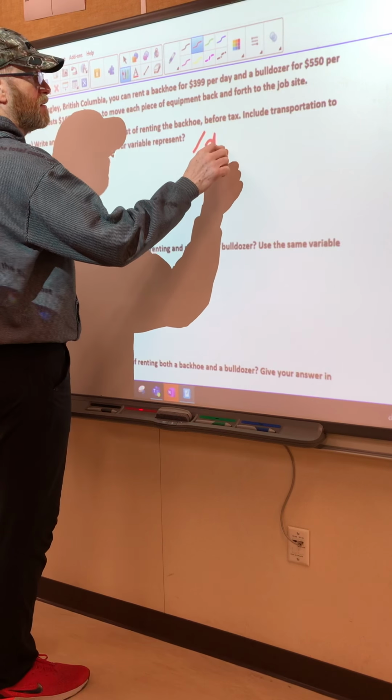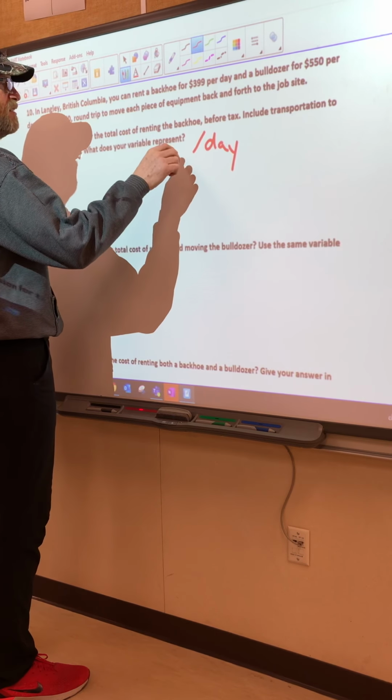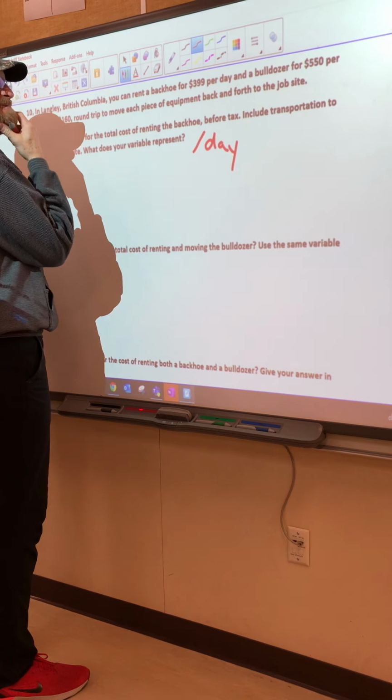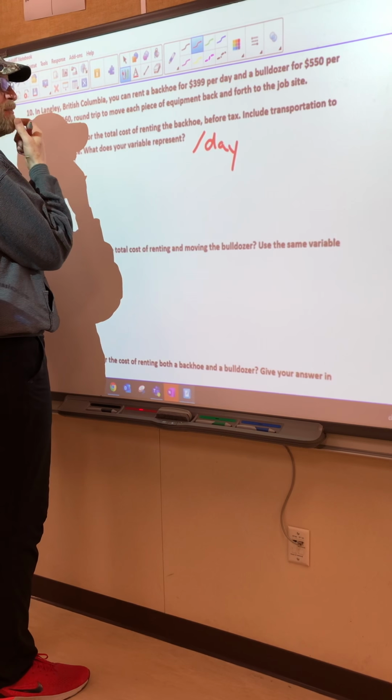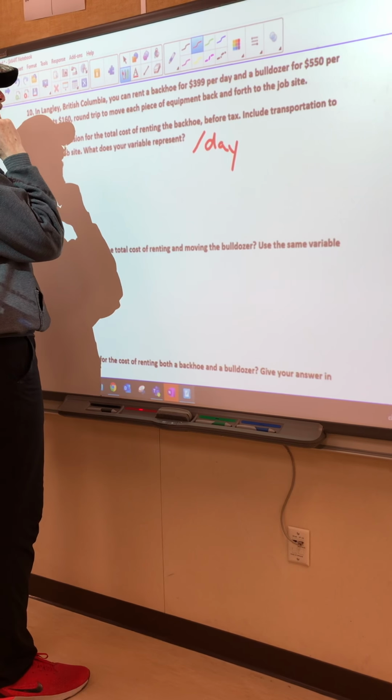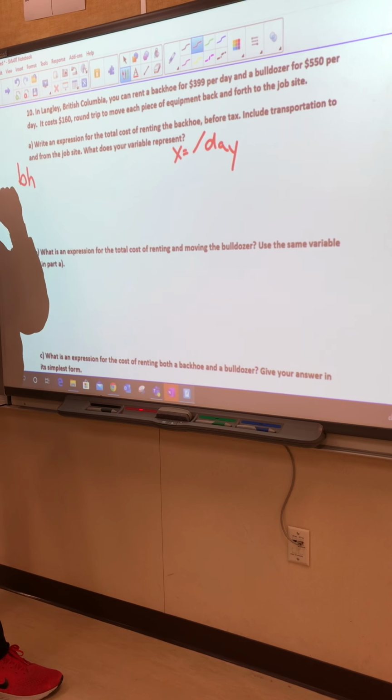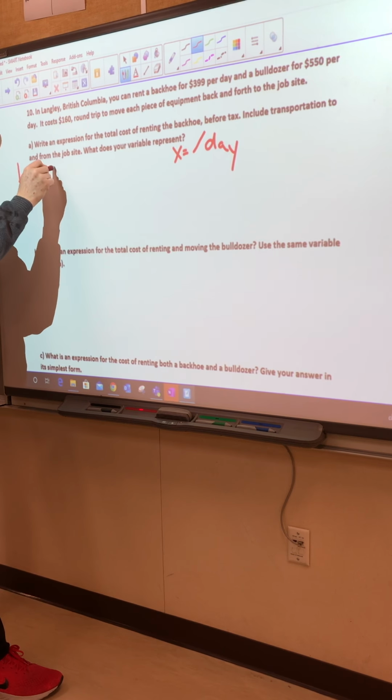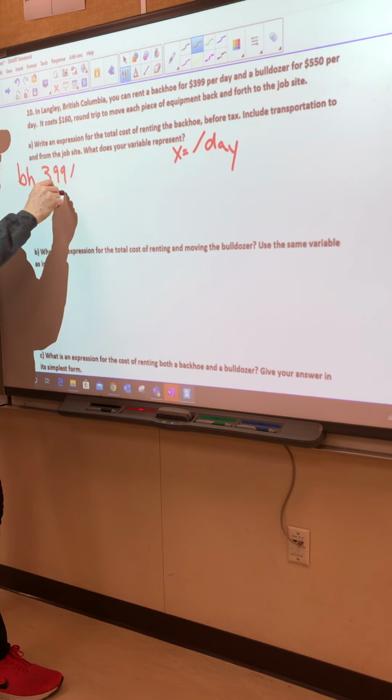Per day. You want to use D? No, D resembles a flipped 6, so some people might get a little excited about that. Let's go with X. X equals per day. So, backhoe, BH, $3.99 per day.